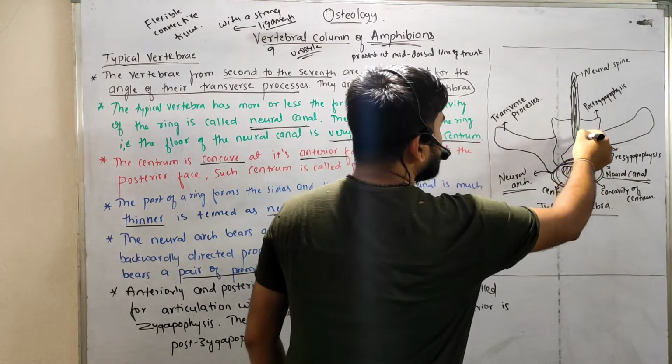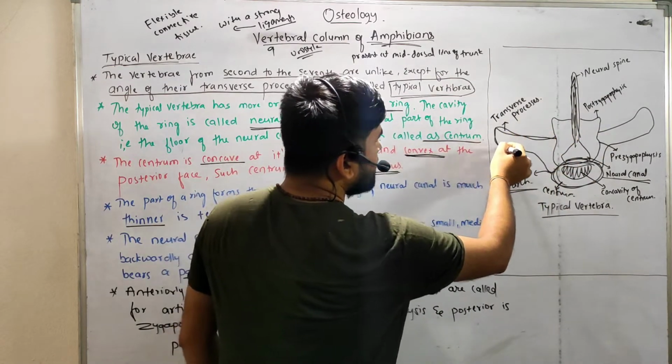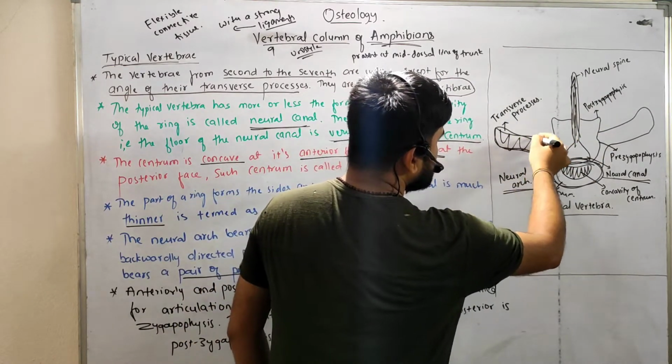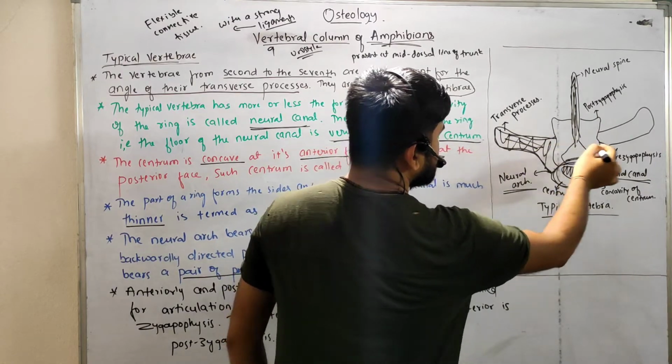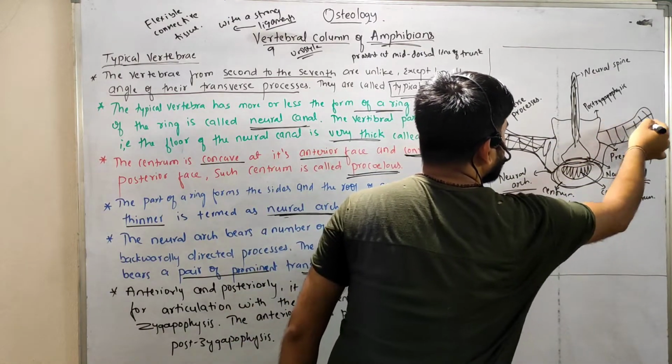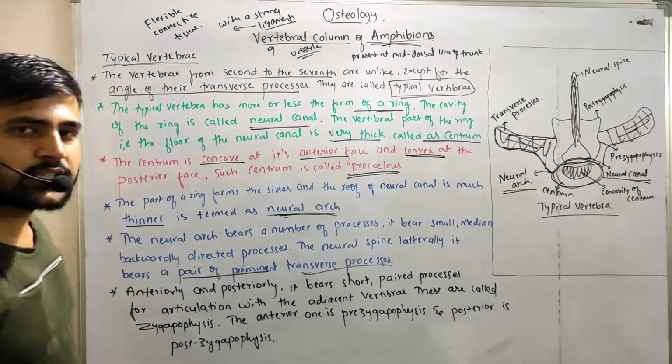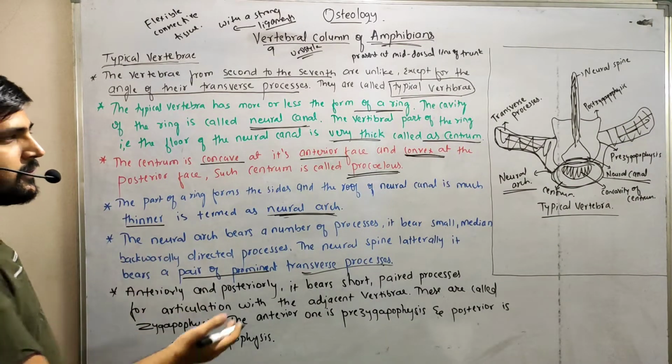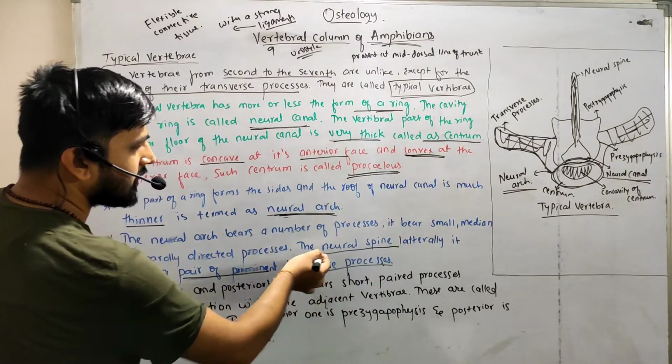This is the neural canal, and these are the transverse processes. This one and this one, right? So these two are the transverse processes which lie laterally to the neural spine.